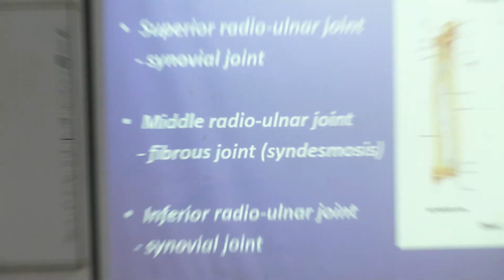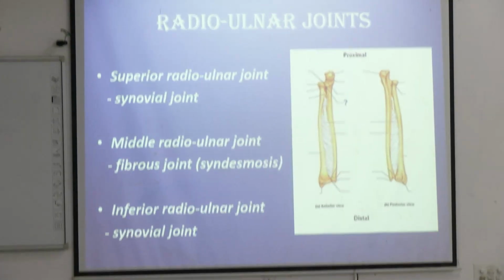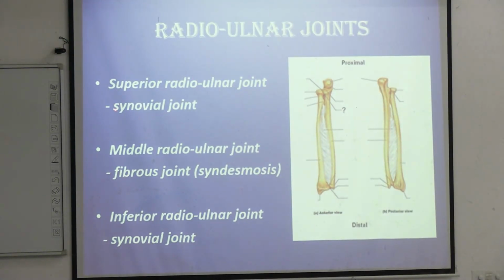Now see, radioulnar joint. Superior radioulnar joint, synovial joint. Middle radioulnar joint, fibrous joint, syndesmosis. Inferior radioulnar joint, synovial joint. So superior radioulnar joint and inferior radioulnar joint, they are synovial.